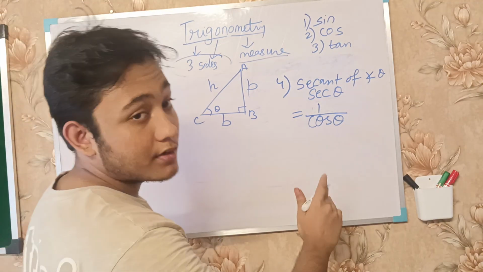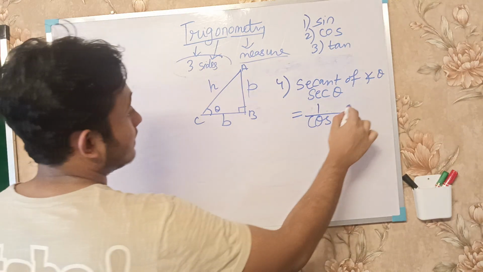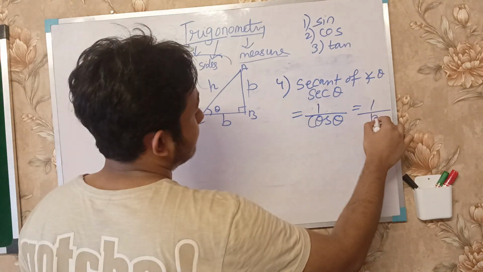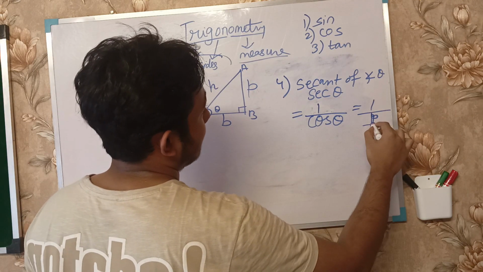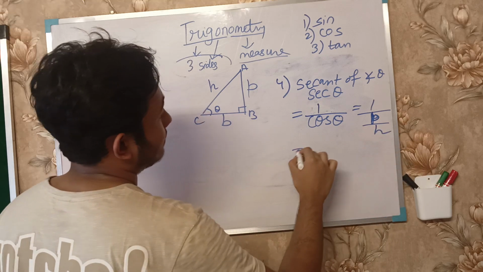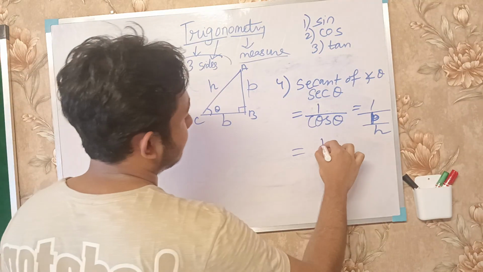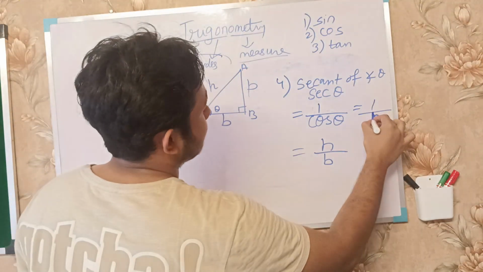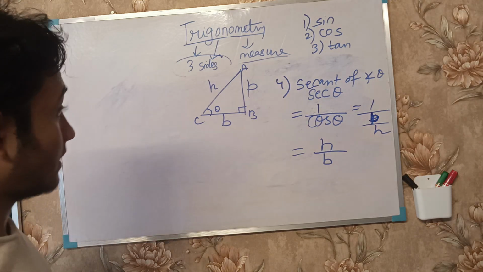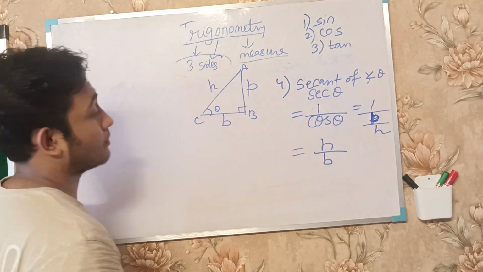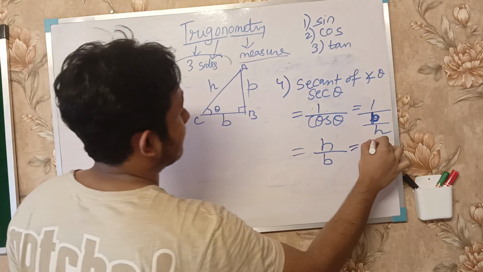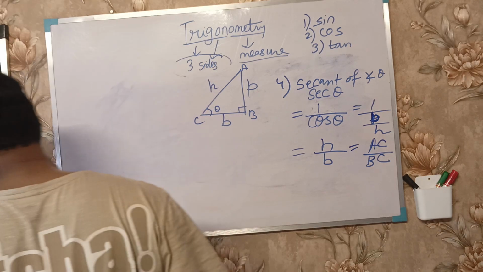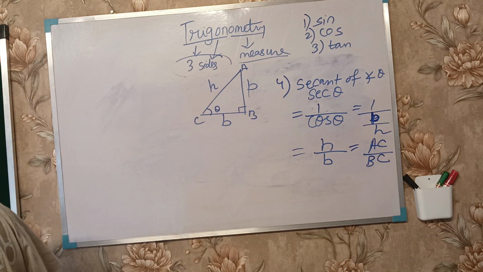Sec theta is the inverse of cos theta, and since cos theta is base upon hypotenuse, the sec theta becomes hypotenuse upon base, and in this case it is AC by BC. Sec theta is 1 by cos theta.